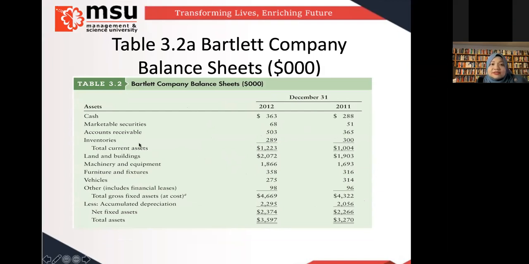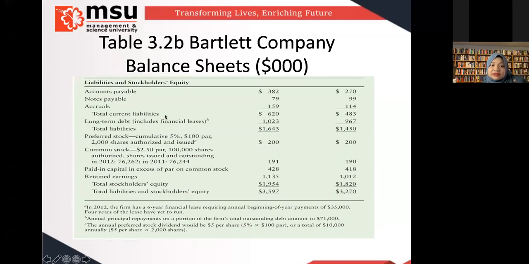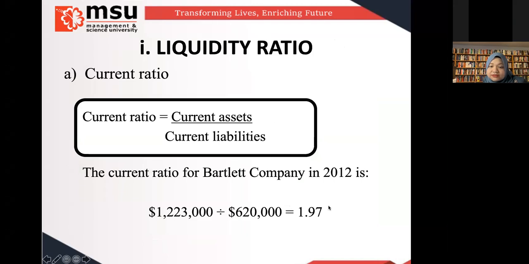So we take this total current assets from the balance sheet and divide by total current liabilities, 620. The answer is 1.97. So is it good? Yes, because the answer is more than one. If the answer is less than one, it shows that the company has a shortage of cash, or the company is not able to pay their short-term obligation.